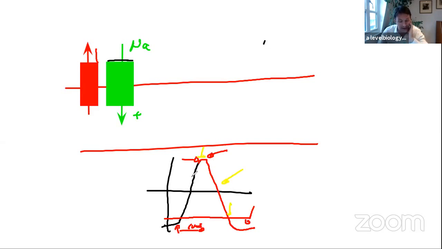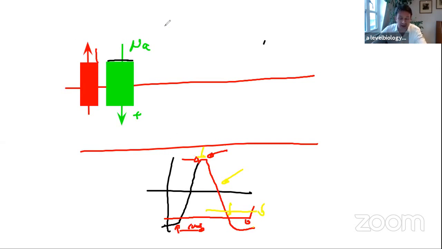So the voltage-gated sodium channel should open. But because it's in a refractory period, it's closed, and it remains closed until the end of the refractory period. And by the end of the refractory period, you're then below the threshold level. So that then the refractory period ends and the sodium channel is able to respond, but you're below the threshold level.